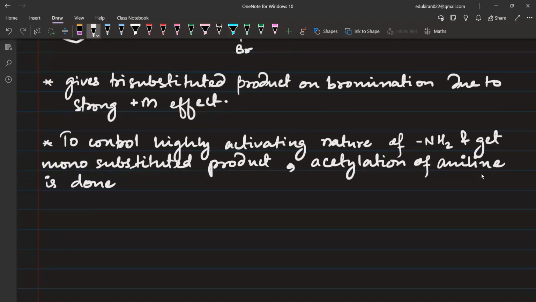We do acetylation. ठीक है. तो आपके पास सवाल आ सकता है why do we do acetylation. Then you will like to control, और ऐसा सवाल आ चुका है, to control highly activating nature of NH2 and get mono substituted product. What is acetylation?